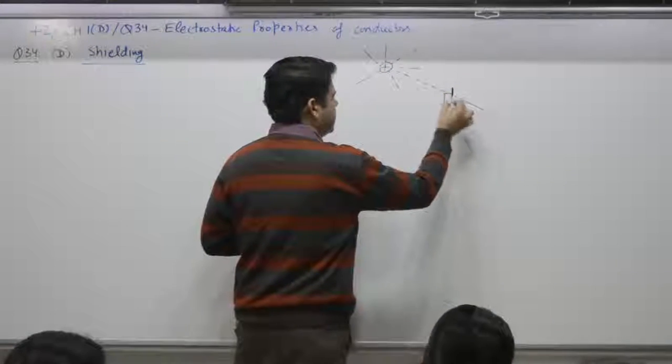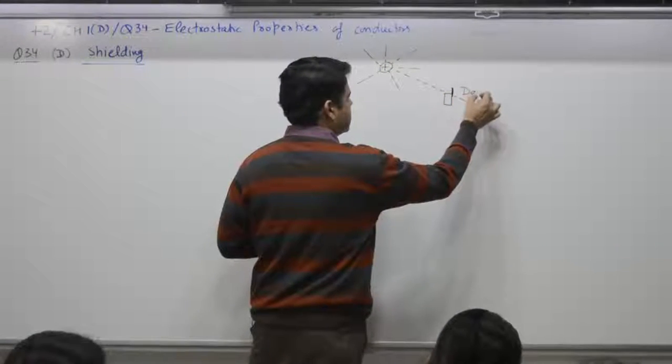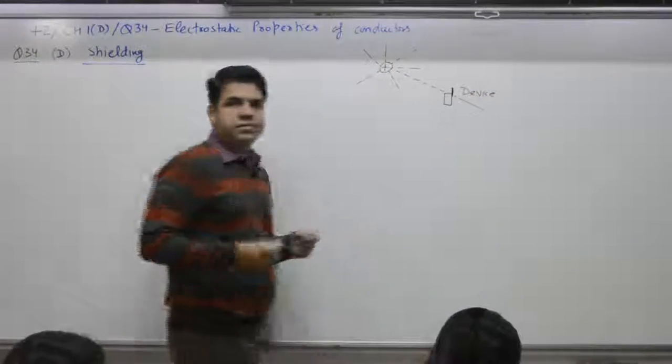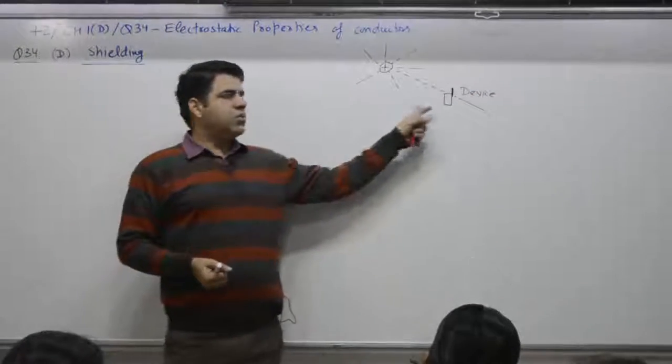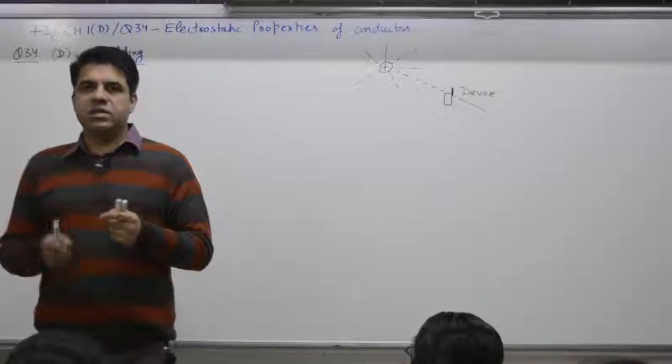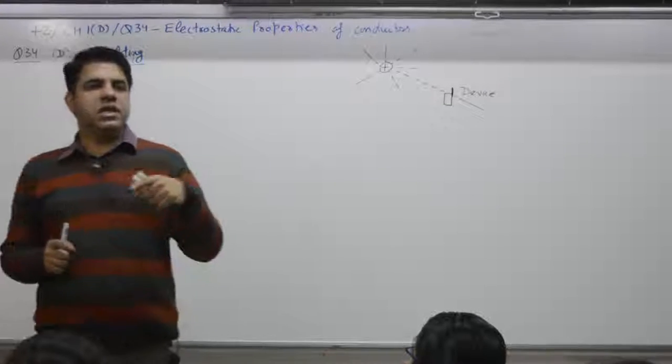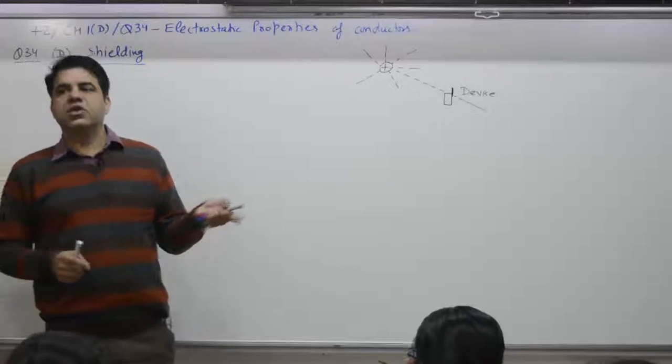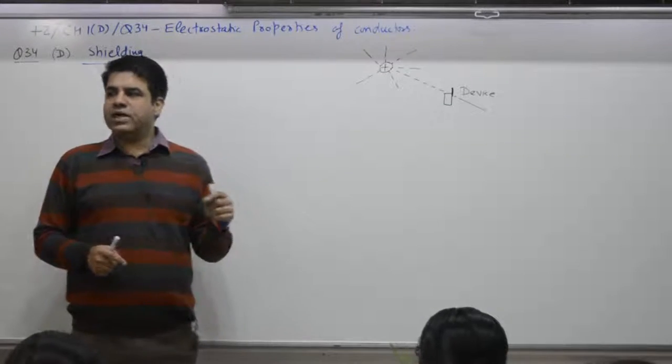It will disturb, it will get connected with this device. So if your mobile is nearby a TV or any other electronic device, signal in one disturbs the signal in other. This is termed as noise, electromagnetic noise.